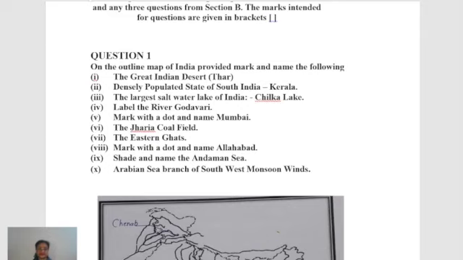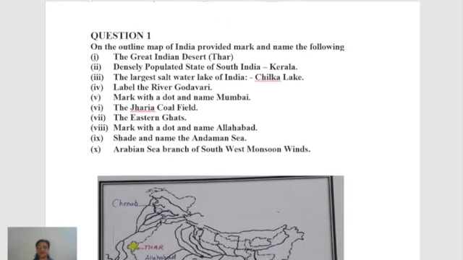Great Indian Desert, densely populated state of South India, largest saltwater lake of India, then River Godavari, Mumbai, Jharia coalfield, Eastern Ghats, Allahabad, Andaman Sea and Arabian Sea branch of southwest monsoon winds. These are the points we have to mark on the map, right? Now let's see the map here.